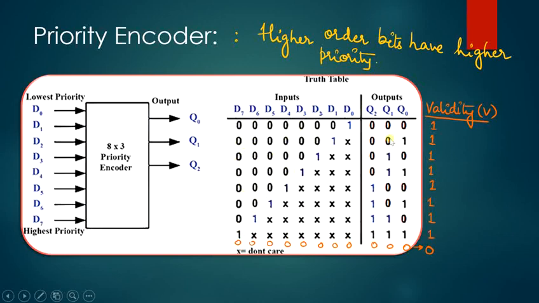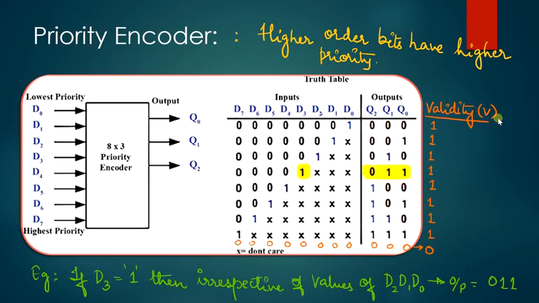The don't care terms will remain as they are because I am considering the highest priority for D7 and lowest priority for D0. In the case of active low, I will repeat once more: for active low input, this will be all logic 0, whereas all these bits will be equal to logic 1.